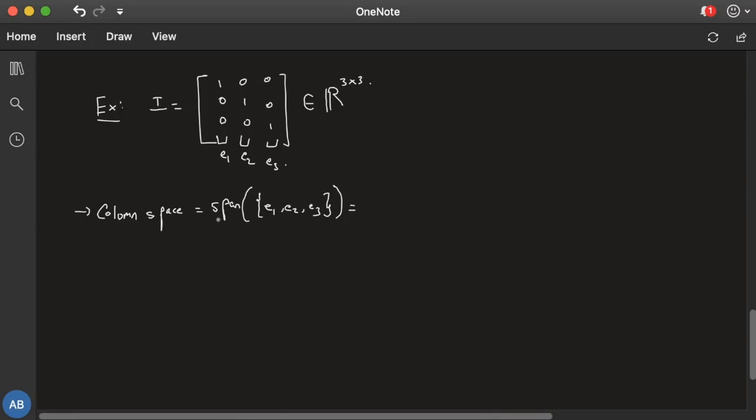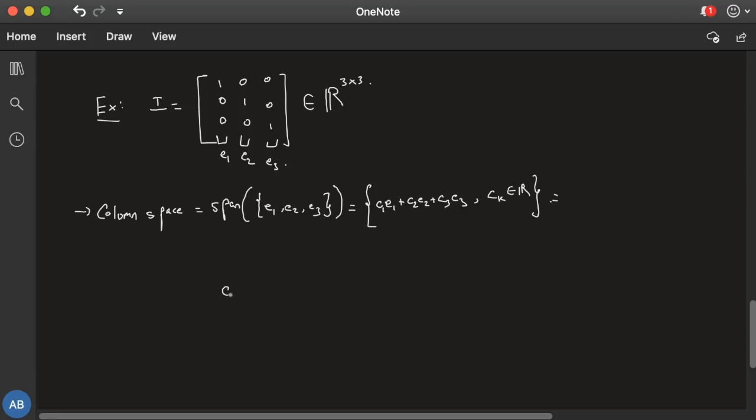Which, using the definition of the span, is C1E1 plus C2E2 plus C3E3, where my Cks are in R. Now, what is this space? What do we get? Could you write it as something else? Well, of course. You can rewrite C1E1 plus C2E2 plus C3E3 in a different way.